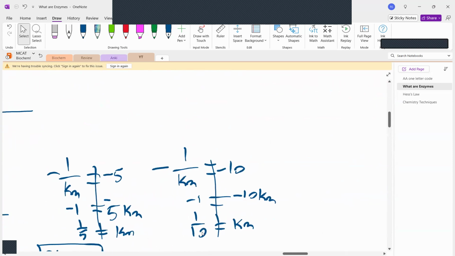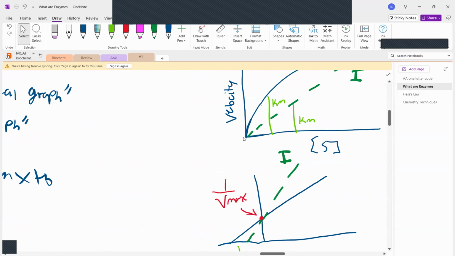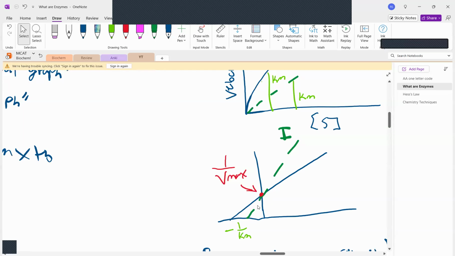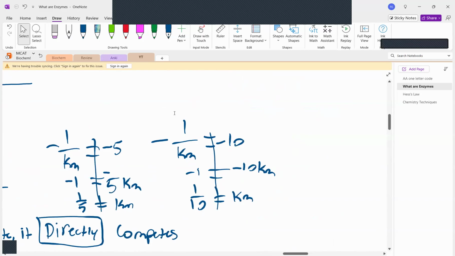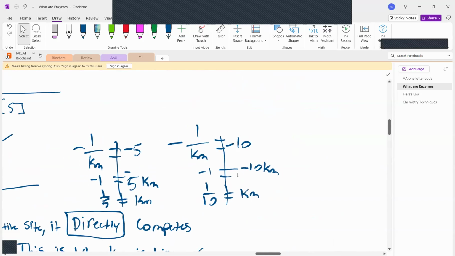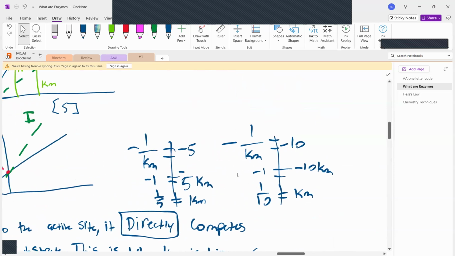So this is 0.2 versus 0.1. This one, where the x-intercept is -10, since -1 over Km is always your x-intercept, and your 1 over Vmax is always your y-intercept. You can see here, that's the x-intercept, this is the y-intercept. So this would be a more efficient enzyme, or I guess enzyme substrate complex.